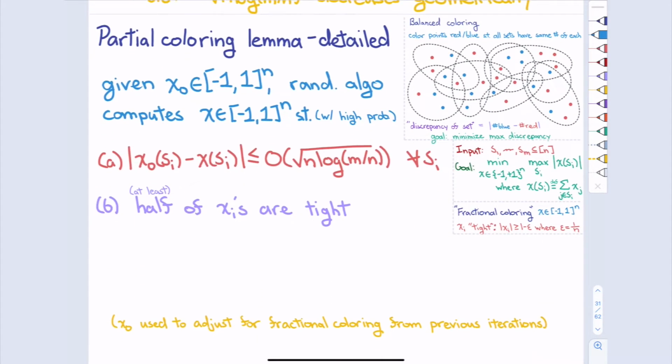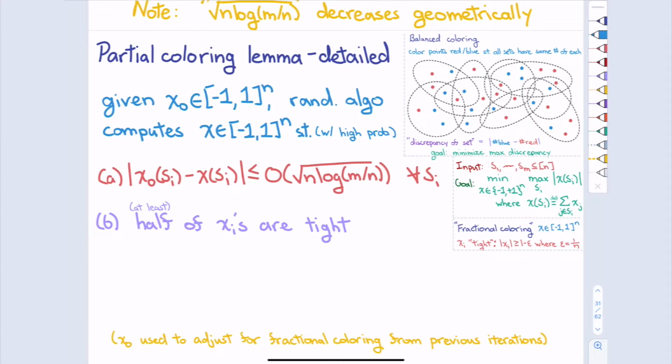But let me give a slightly more detailed version of the partial coloring lemma that we're going to focus on. The only difference here is that I've now allowed for this starting point x0. The real reason why we need this starting point x0 is because when I'm doing the iterative coloring, from the previous round of coloring, I have some fractional colorings for the coordinates that weren't tight.